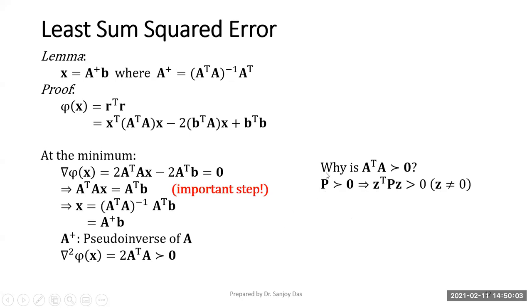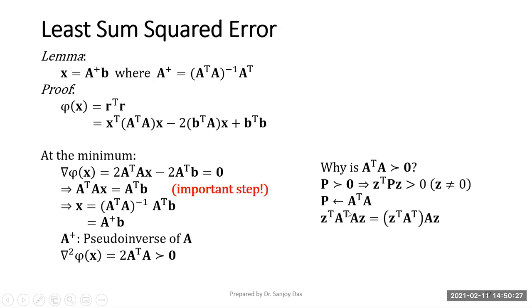This would make this matrix P, any arbitrary matrix P, positive definite. Now, let's replace P with A transpose A, so that we must show that Z transpose A transpose A Z is greater than 0.